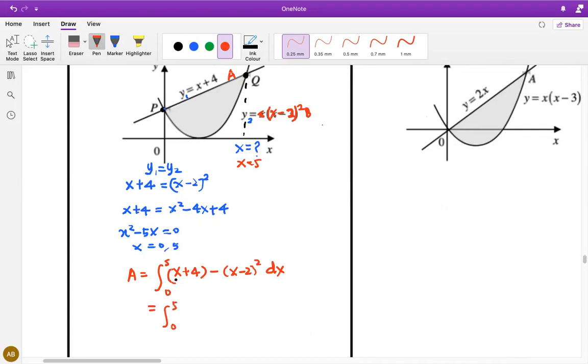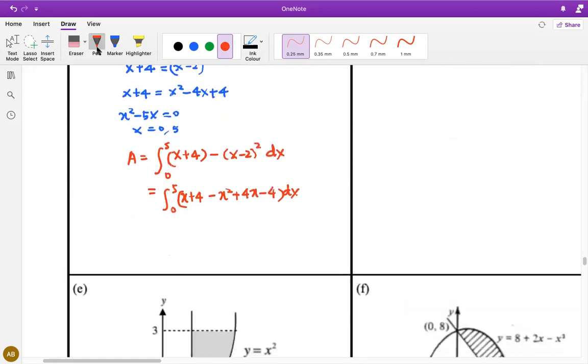So you will see this actually is the same as this, right? Never mind, we just expand it. So you get x squared plus 4x minus 4 dx.